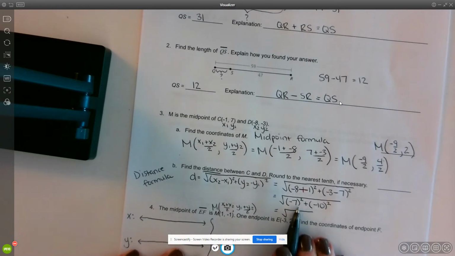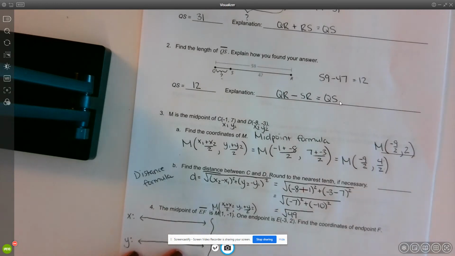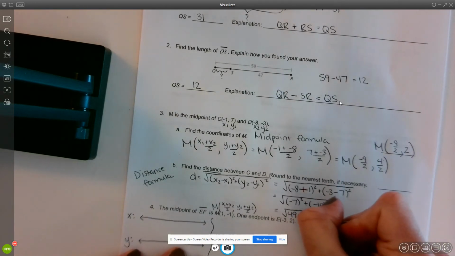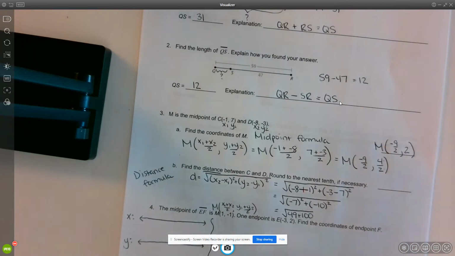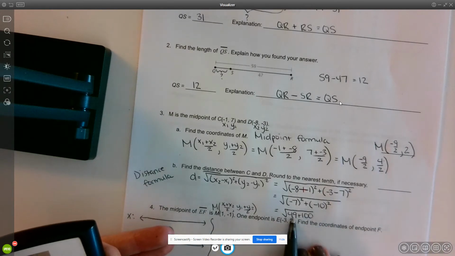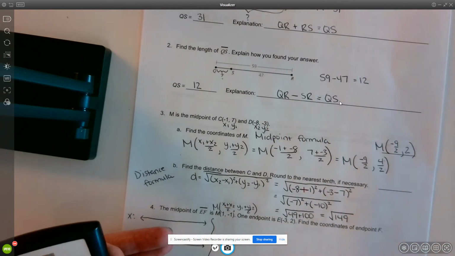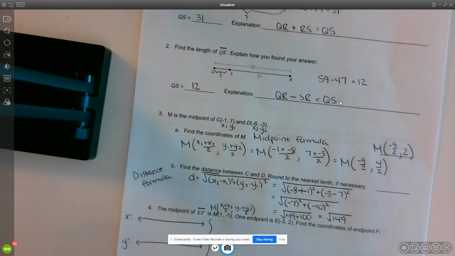When I square negative 7, I get positive 49. And when I square negative 10, I get positive 100. 49 plus 100 is 149. And so to get my final answer, I need to take the square root of 149.